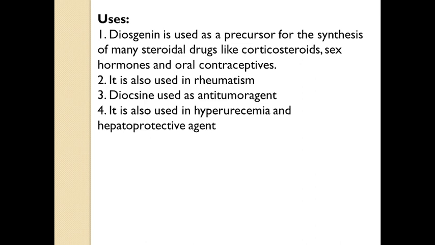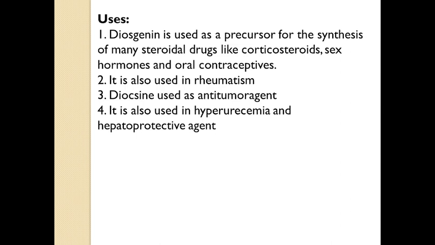When the kidneys are not excreting uric acid properly, the excretion is lowered. Then naturally the uric acid concentration in the blood will increase. What will the drug do? Dioscin will reduce the uric acid level in the blood, and it will facilitate urate clearance.